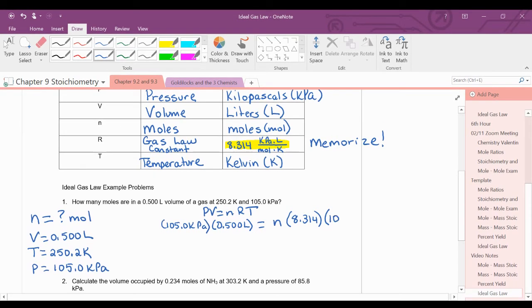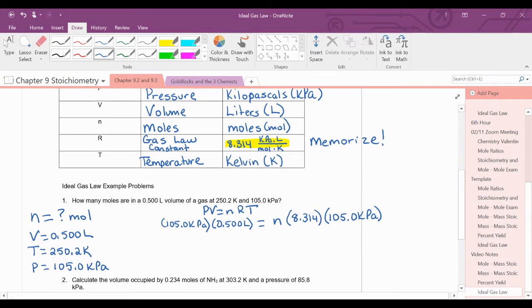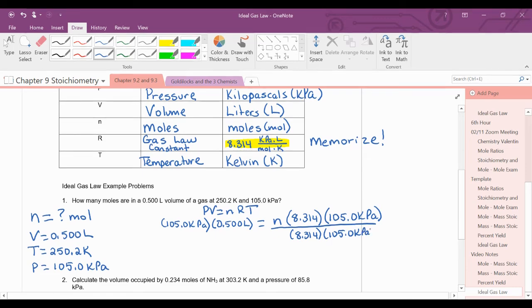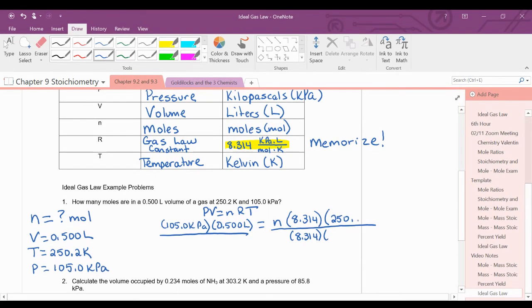And our temperature is, and I actually don't, this should be temperature here. I put the wrong thing there. It should be 250.2 Kelvin.